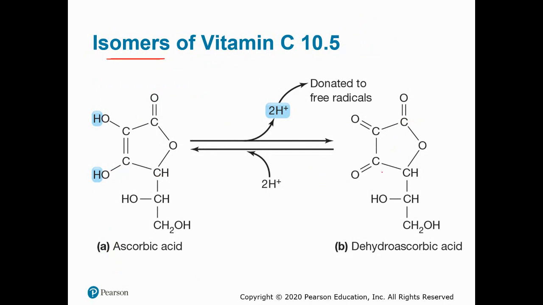So here are the two forms or isomers of vitamin C: ascorbic acid and dehydroascorbic acid. It's showing you the loss of the electrons to donate to the free radicals to quell them. And that's how ascorbic acid and dehydroascorbic acid convert between each other, through this loss or gain of electrons.